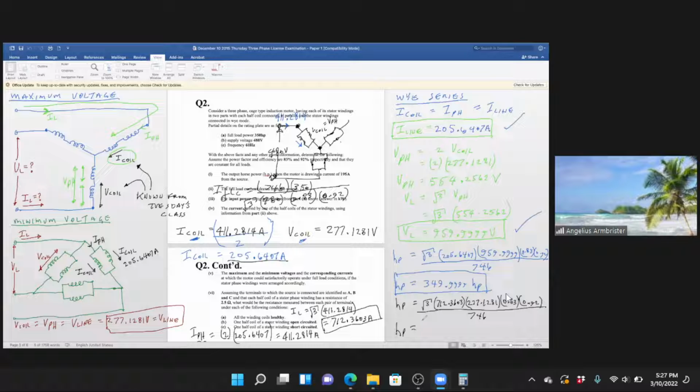712.3603 times 277.1281 times 0.83 times 0.92 times root 3 equals that divided by 746. Perfect.